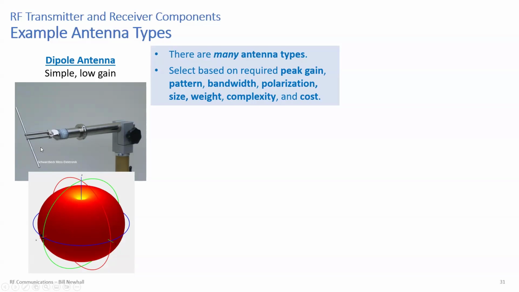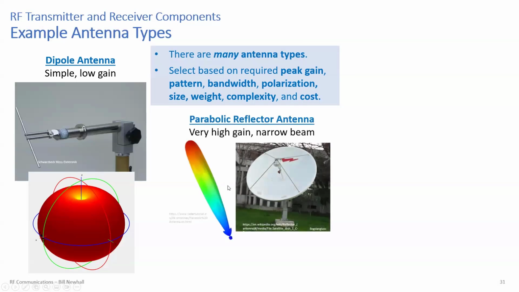Okay, this is a more expensive dipole antenna. You'll see simple dipole antennas that are just a feed point with wires, just approximately quarter wavelength wires running out in each direction. But they're very effective if you need a pattern that looks like this. If you need a highly directional pattern, you might use something like a parabolic reflector antenna. These are usually used to communicate with satellites, which are up in orbit very far away.